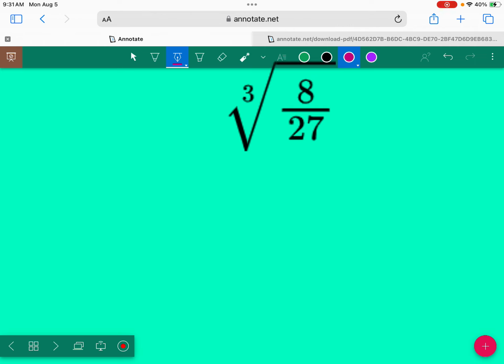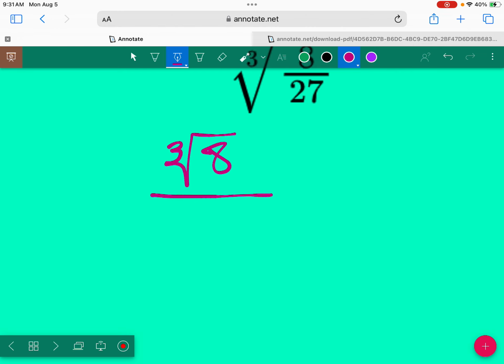And what we're going to do is very similar to how we did the fraction one on the last page, where I took the exponent and split it apart. We're going to do the same thing. We're going to split this radical apart. So we have a fraction that has the cube root of 8 over the cube root of 27. My 8 went wonky, but that's okay.